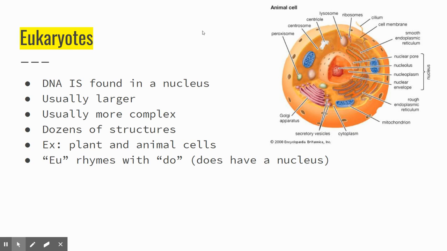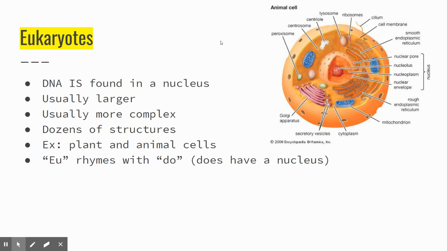So a eukaryote is defined as a cell that does have a nucleus and the DNA is found in there. It is protected. So the DNA is contained almost like it's in a safe. Usually these are larger cells, usually more complex, not only in function, but in structure, dozens of structures, a lot more than in the previous picture of the prokaryote. Plant and animal cells are eukaryotes.